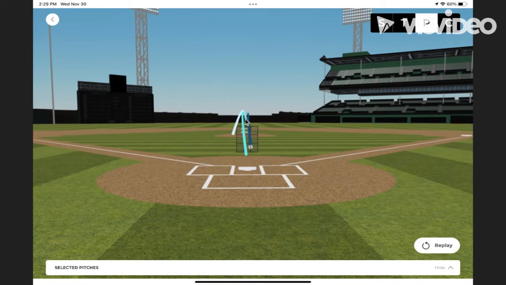And we also have visualizations of these. So we have the cutter right here. We have a slider and a sinker. So you can see right here the sinker and the slider start off in the same place but go two opposite directions, which is exactly what you want if you want to make the hitters look completely stupid, because they start in the same place, they look the exact same, and then you just have to guess which one it is.